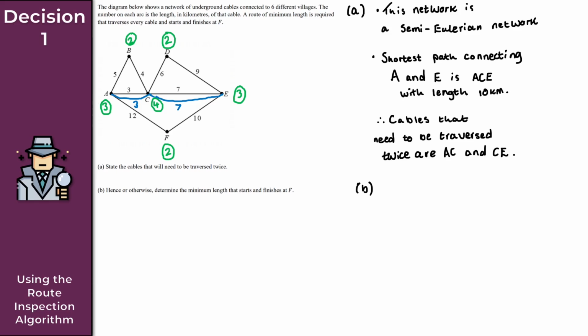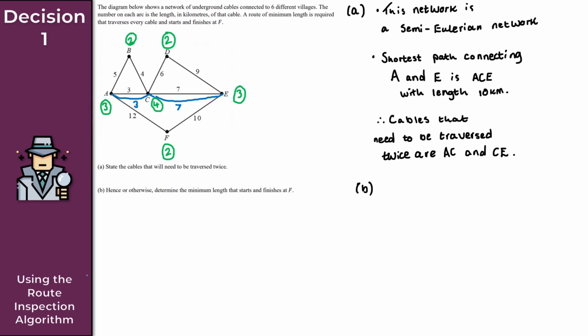So the minimum length here is simply the sum of everything in this network. Or you can also think about it as the total weight of the network before we added these arcs, plus the shortest path connecting my two odd vertices, okay?